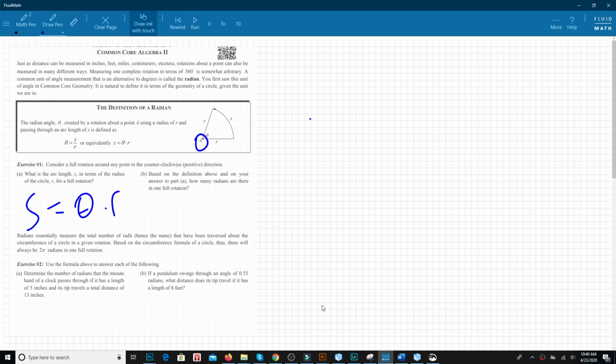So B says, based on the definition above and on your answer to part A, how many radians are there in one full rotation?